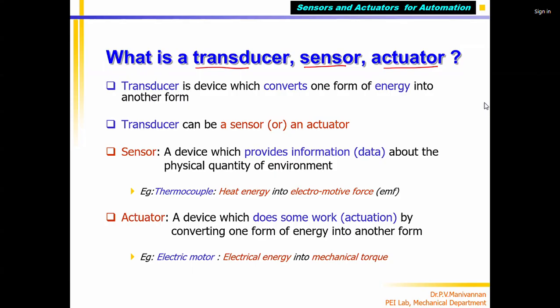Next, a transducer can be a sensor or an actuator. This is the second definition. If it is a sensor, the definition is a device which provides information, data, or signal about the physical quantity or environment which it is measuring.